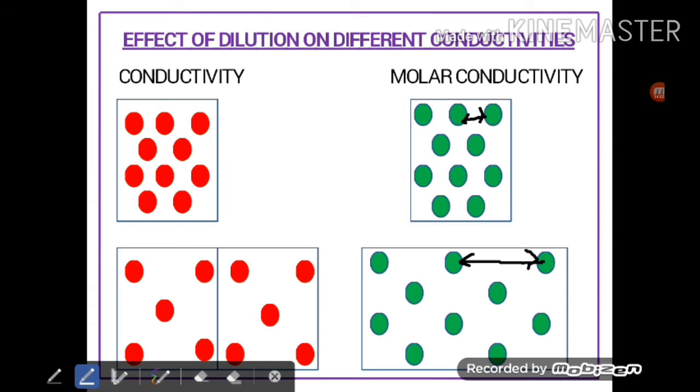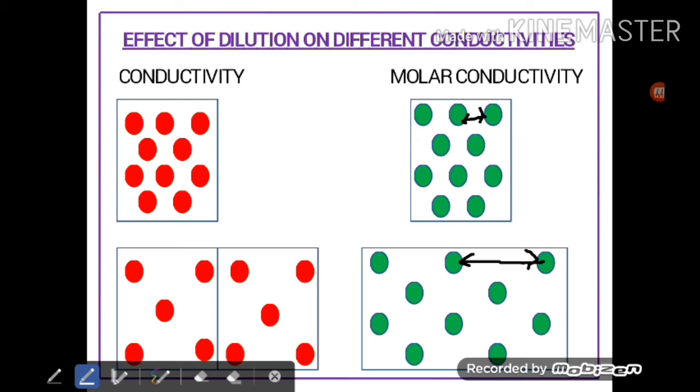So due to the increase in distance, the ions become free, and if they are free, they will move freely into the solution, and if they are moving freely, definitely they will conduct electricity very easily. So here the number of ions is not decreasing, the number of moles is not decreasing, but their interparticle space is increasing, interionic attraction is decreasing. So that's why the molar conductivity will increase.